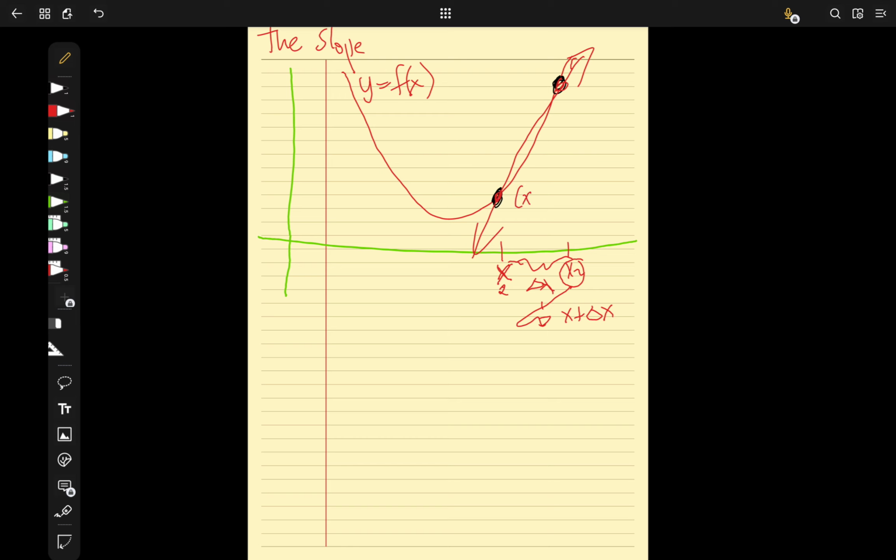So let's simplify. If you will notice, we can simplify our denominator. So in the numerator, we have f of x plus delta x minus f of x. Then here, x minus x is 0. So all over delta x.